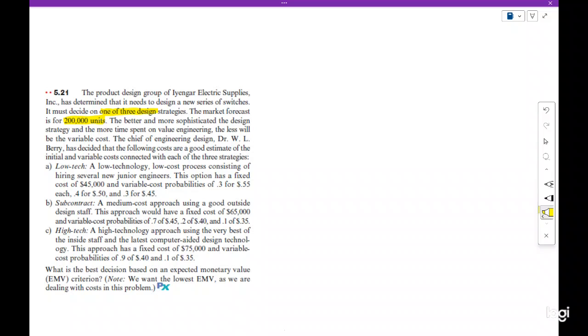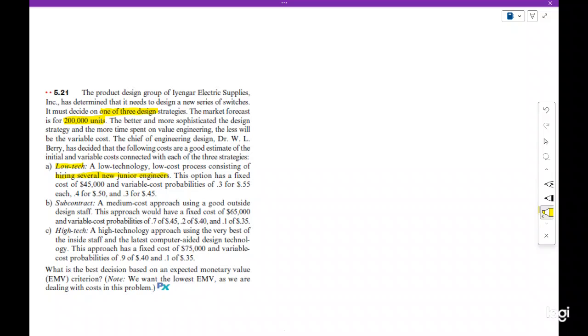There's a low tech, a low technology, low cost process, which consists of hiring several new engineers, junior engineers.